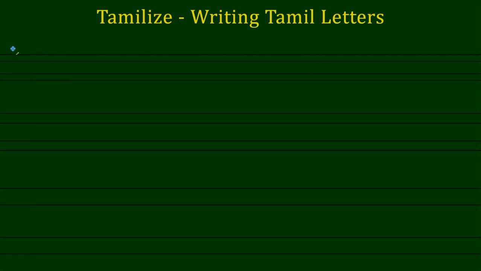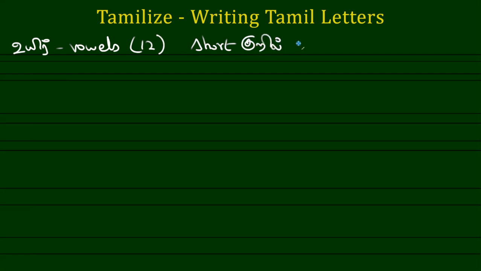So the vowels are உயிர் எழுத்துக்கள், the vowels. So there are 12 of them. These are long and short, or typically we write short and long, right? The short, which is called kuril, and long, which is called nedil.